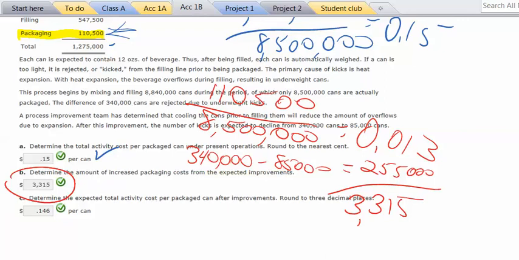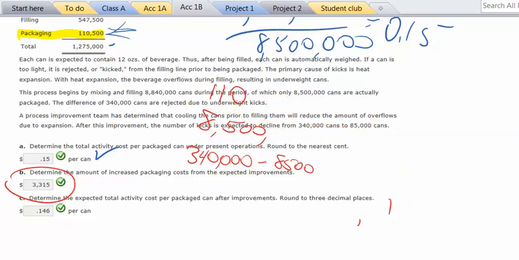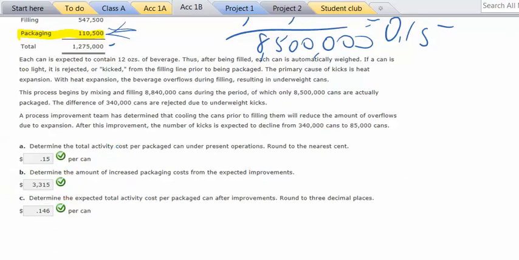So we then get our additional costs. Our total is now going to change for the cost per can. Let me clean this up a little bit. For my total cost per can, instead of 8,500,000, we're going to have only 85,000 failures, or kicks.